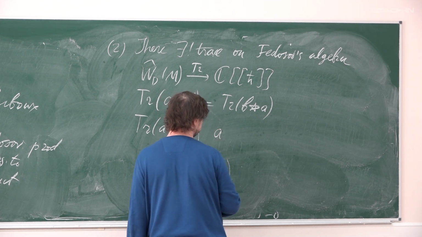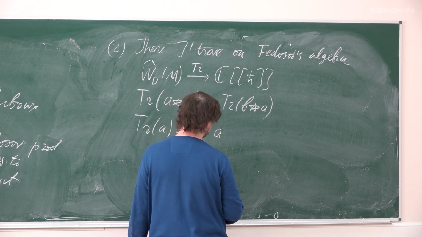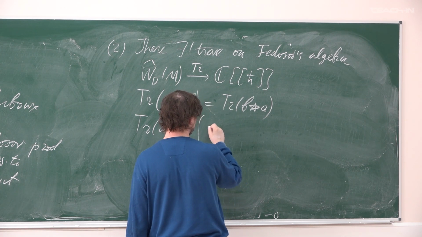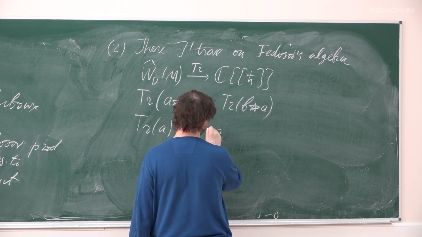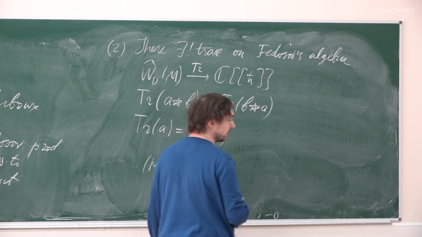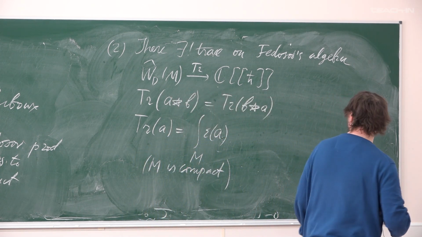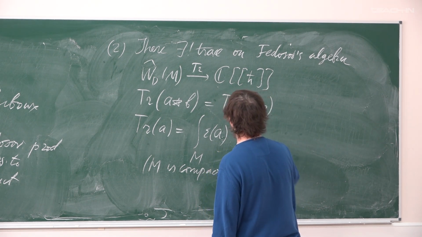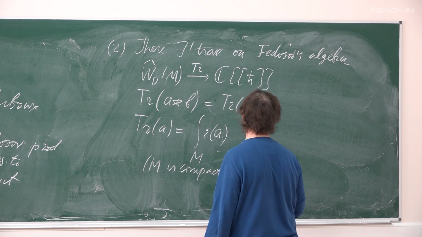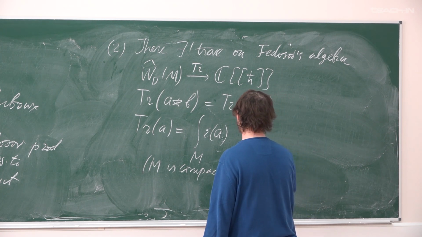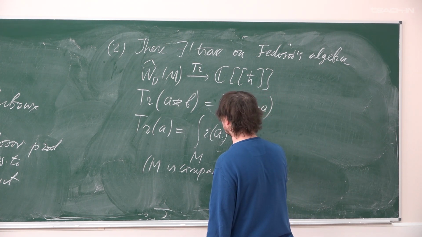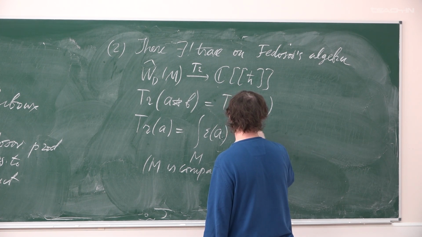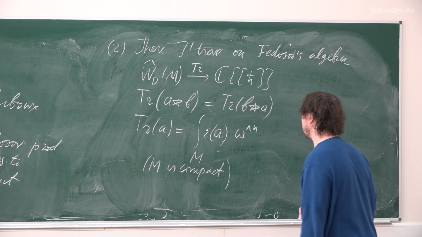Take A, take its projection to the zero term, A0, or sometimes it is written as epsilon of A. When I say 0, it is just the usual function, when we omit all the elements which include y. And take the integral with respect to the top power of the symplectic form.